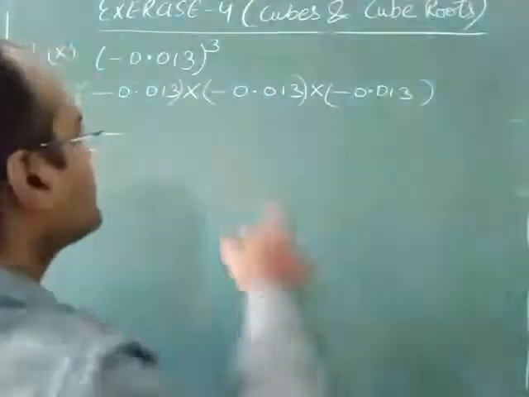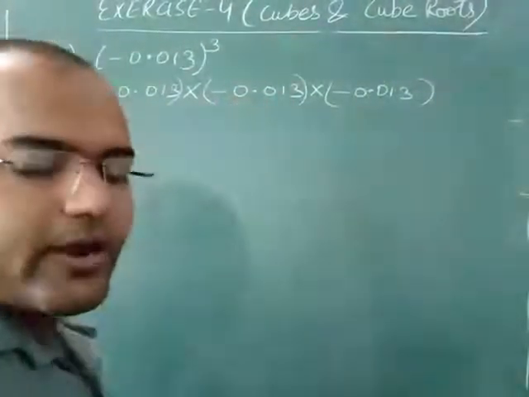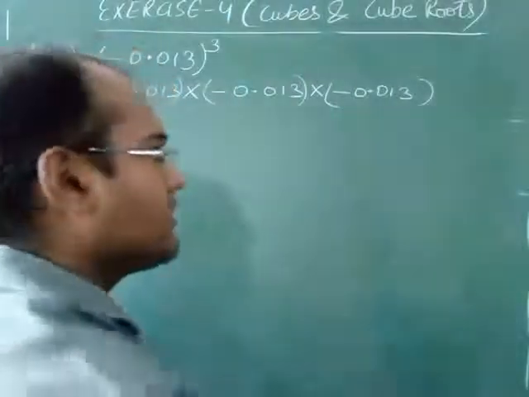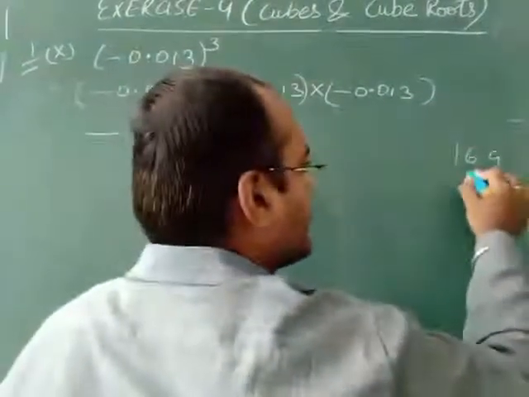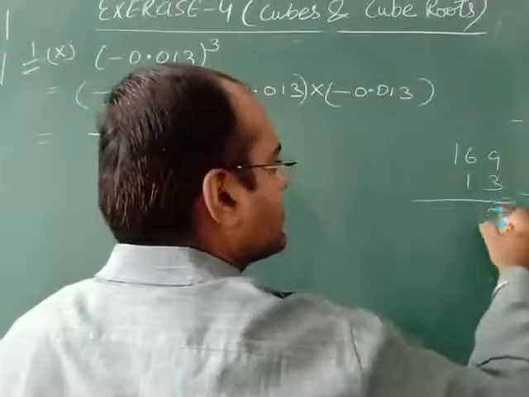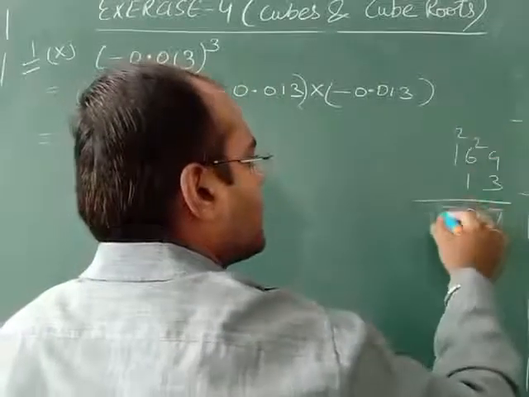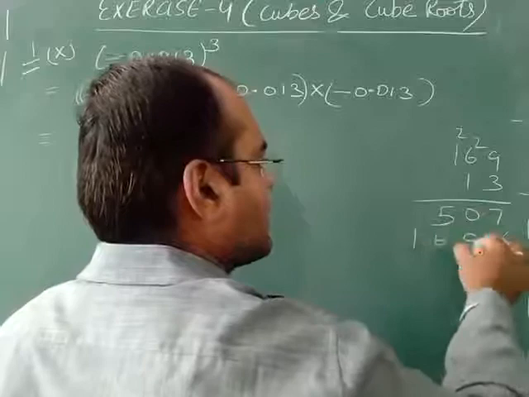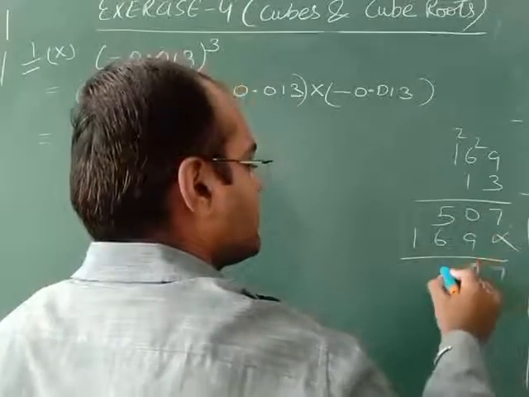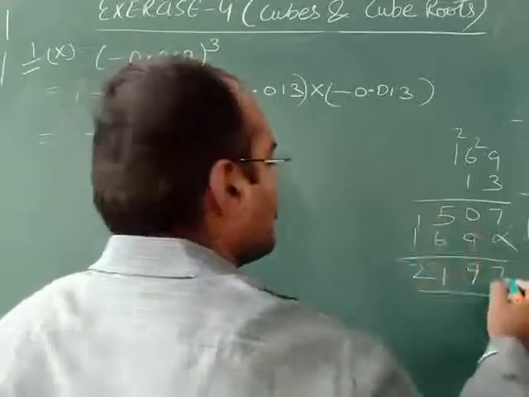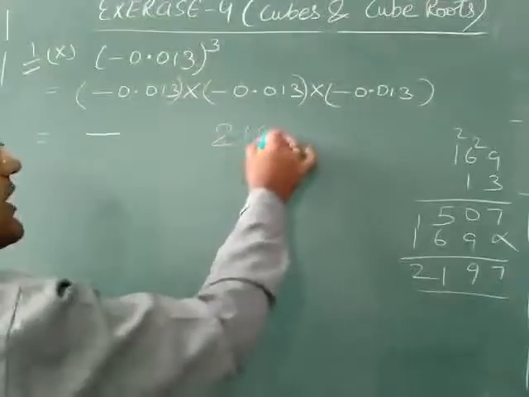Now what you have to do? 13 into 13 you will do. 13 ja 169. 169 into 13 if we will do 2197.